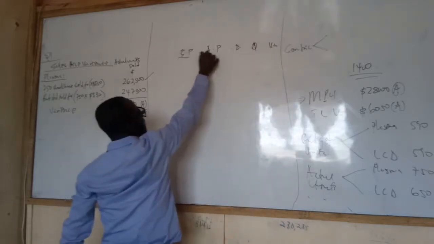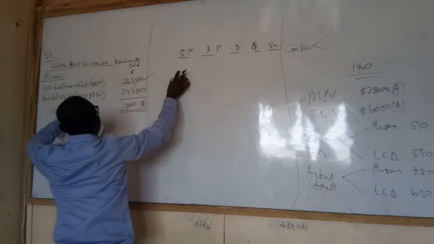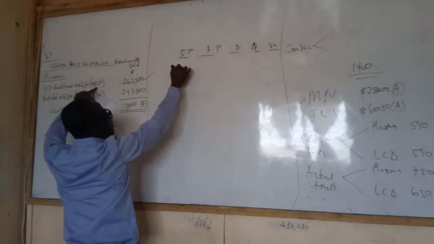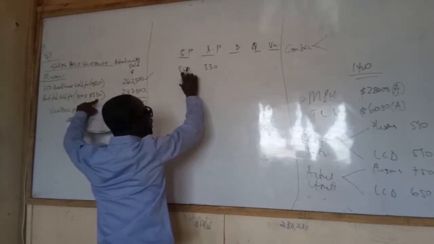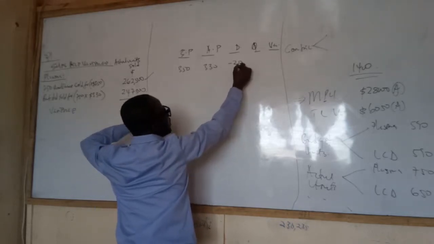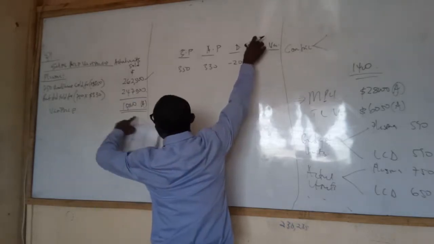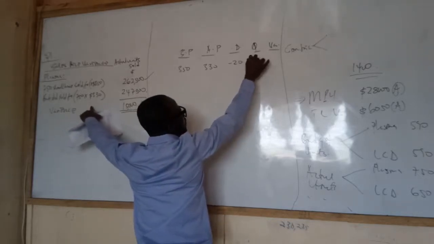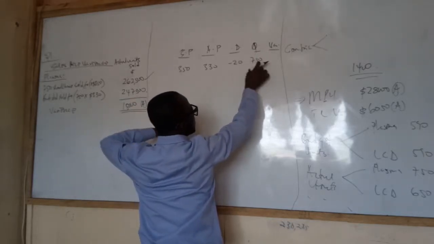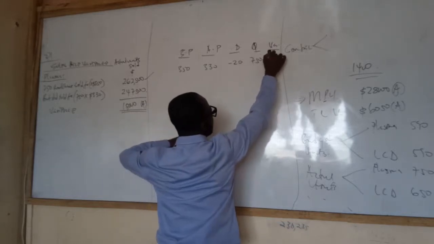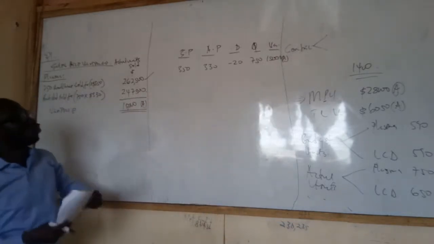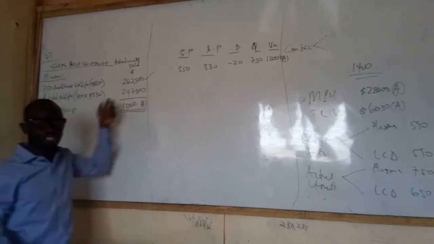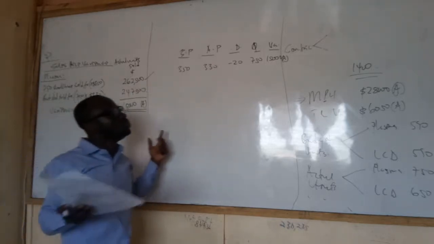The standard selling price is 350, the actual selling price is 330, so the difference is negative 20. Then the actual quantity of 750 gives 15,000 adverse. Do you see the idea? You could go with this approach or the other. The one that works for you, you stay with it.